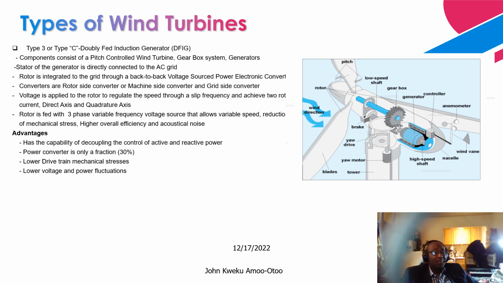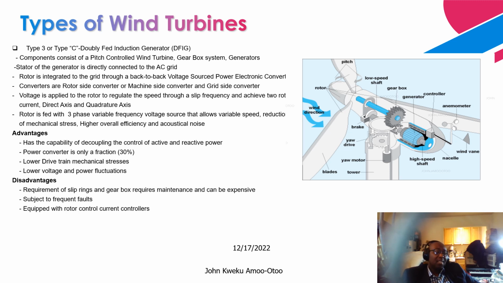And like I made mention, the power electronics only handle 30% of the required power, which is a significant cost saving. With regards to the mechanical drivetrain, it results in lower mechanical stresses, and the power and voltage fluctuations are much lesser compared to the type A or the type B.